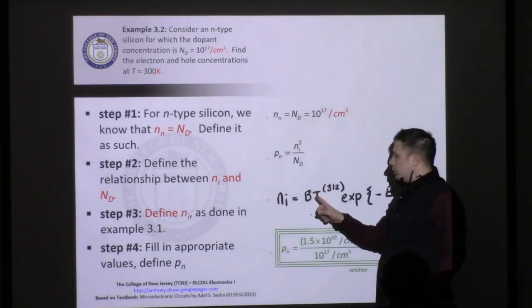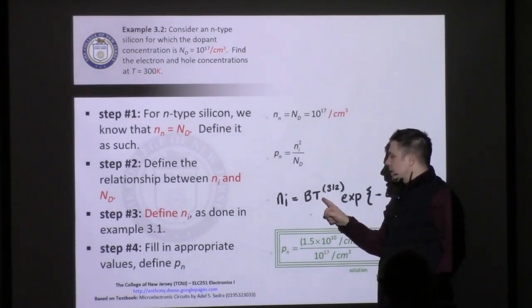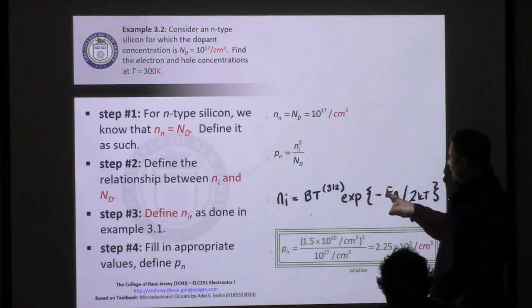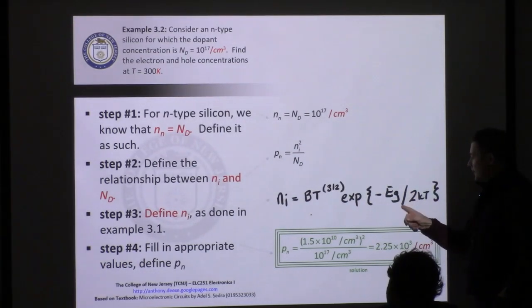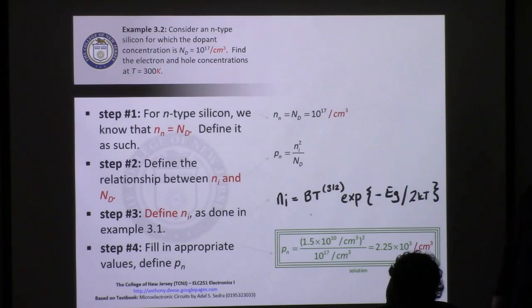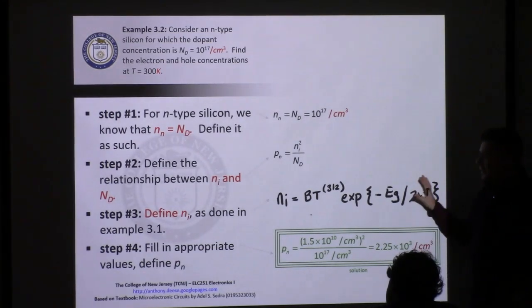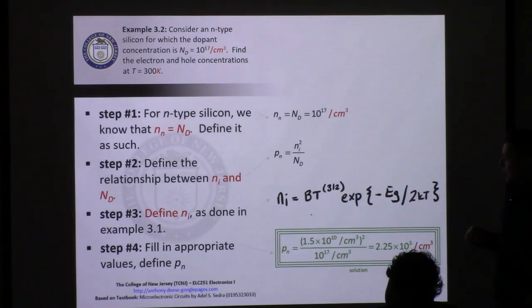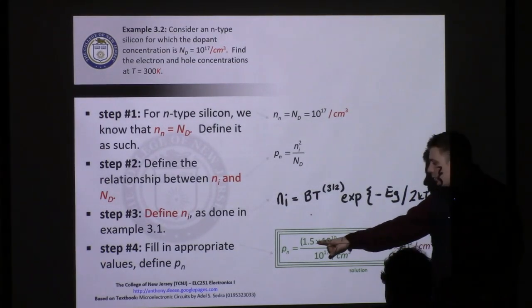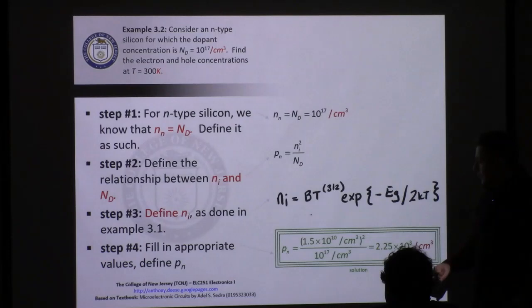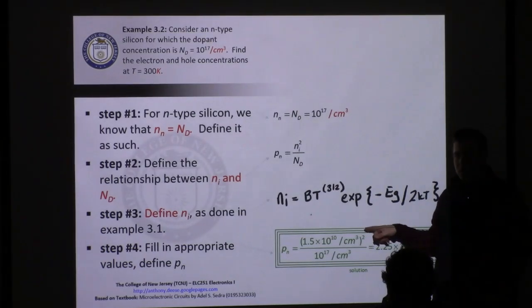Ni is equal to our constant times temperature, e to the negative band gap, divided by 2 Boltzmann constant times T. Now what I did was I went ahead and solved for this. Our value of Ni is 1.5 times 10 to the 10 per cubic centimeter squared.